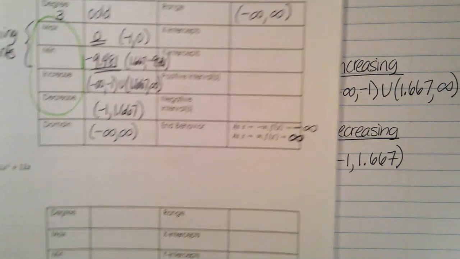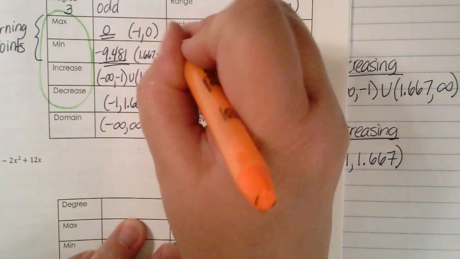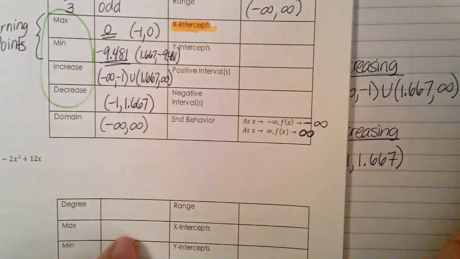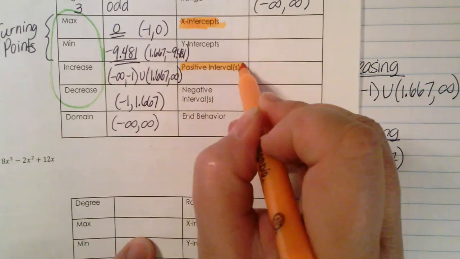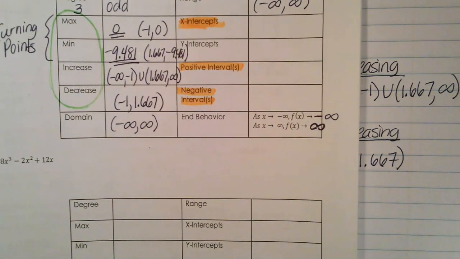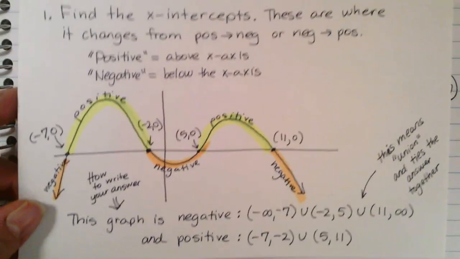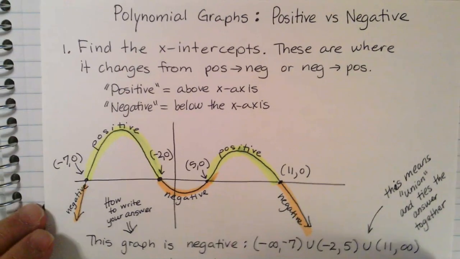Now, the other thing that is related is our x-intercepts will be related to our intervals of positive and negative. And when we're talking about that, we're talking about where is the y value positive or negative? Where is the y value above or below the x-axis? So, here's a little quick note sheet for that.